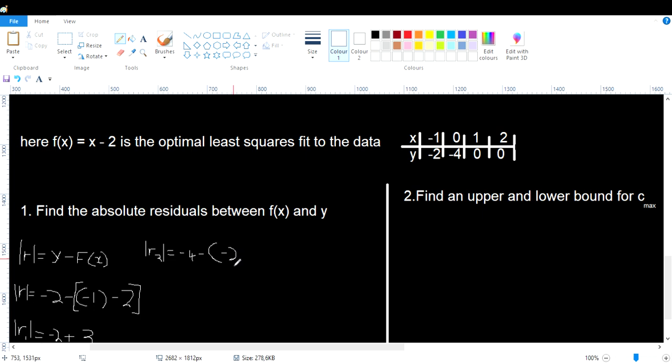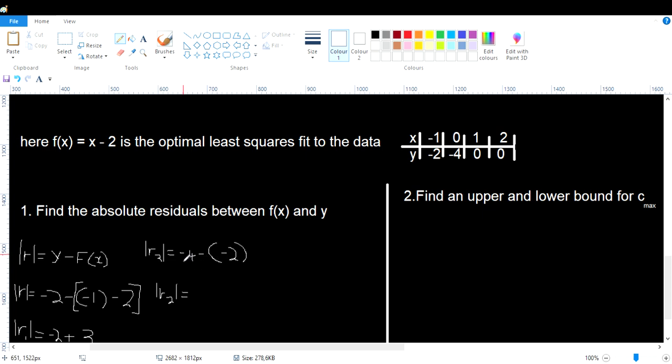The absolute residual is equal to minus 4, then negative times negative is plus.